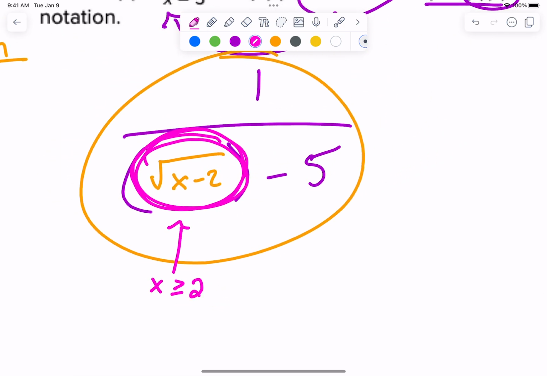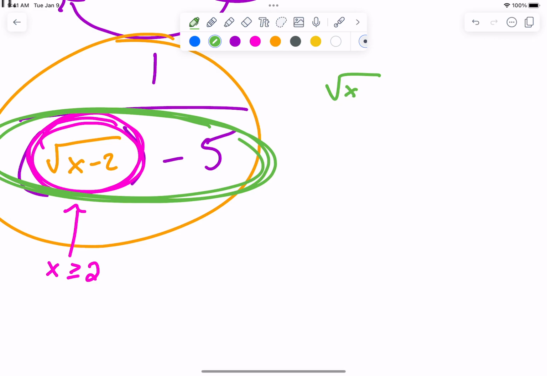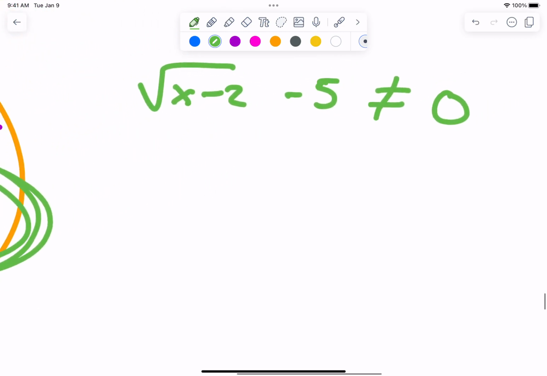Now, according to this, we have to look at the whole bottom right here. The whole bottom, the square root of x minus 2 minus 5, can't be 0.